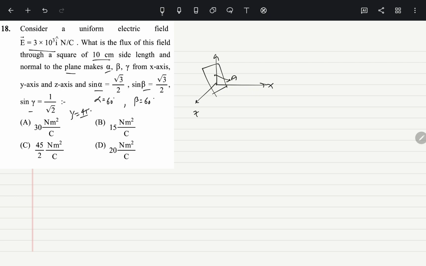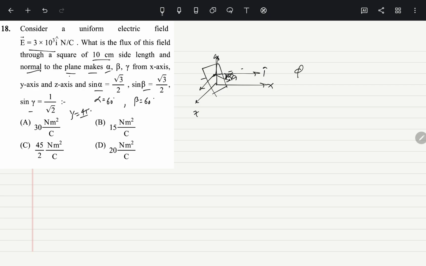It says the normal to the plane makes angle alpha with the x-axis, beta with the y-axis and gamma with the z-axis. But we are concerned about the x direction because the electric field is in the i cap direction. So how much angle does the area vector make with the x-axis?